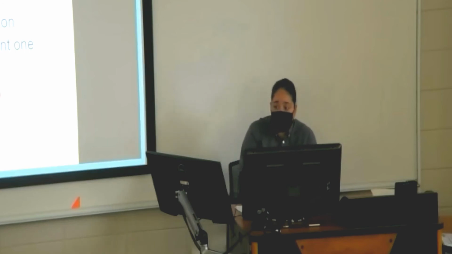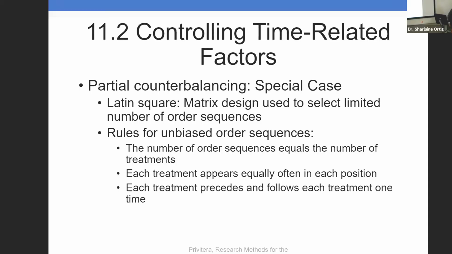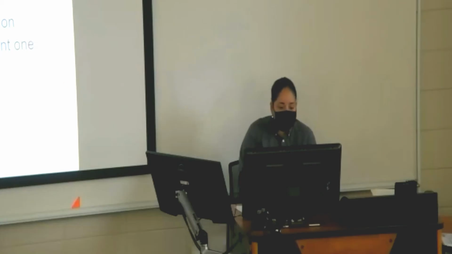Another characteristic in order for us to have an unbiased method for order sequences is that each treatment appears equally as often in each position. So notice that I am not going to present one treatment in favor of the other. Each treatment is going to be equally as present in each position, right? So one treatment is not being more favorable than the other.